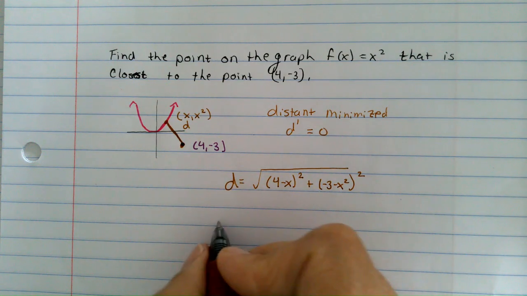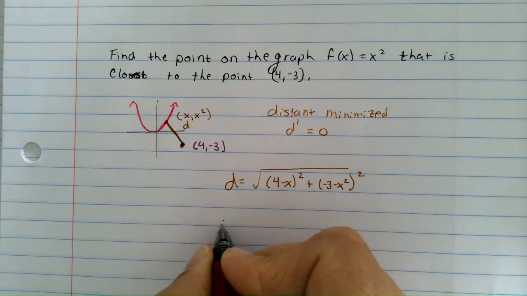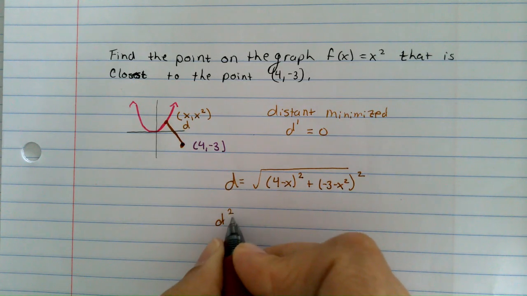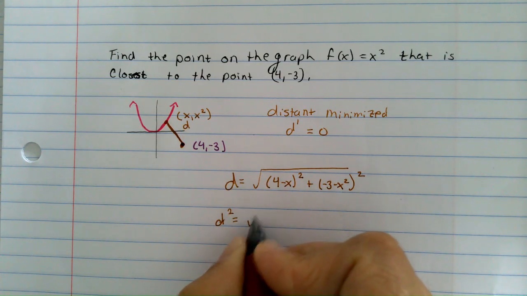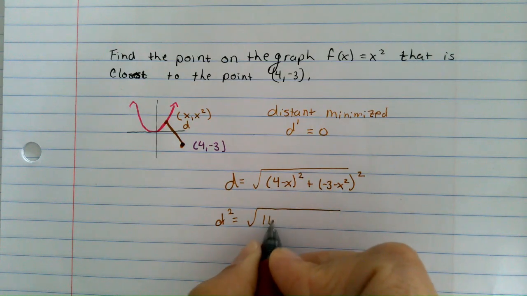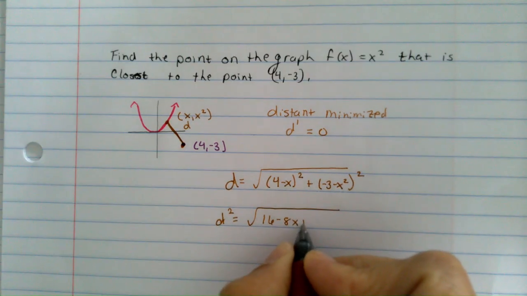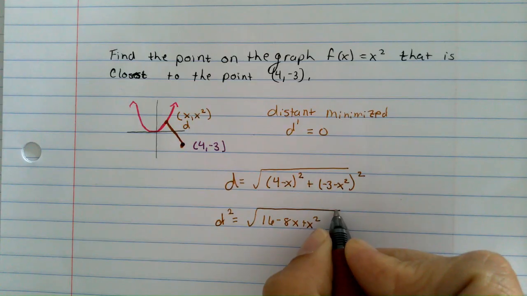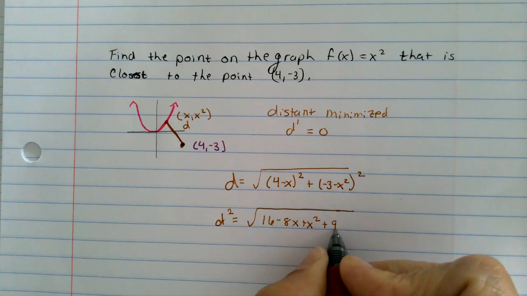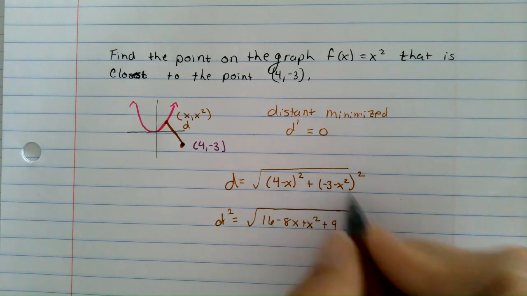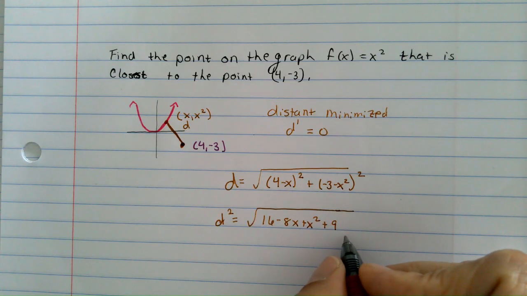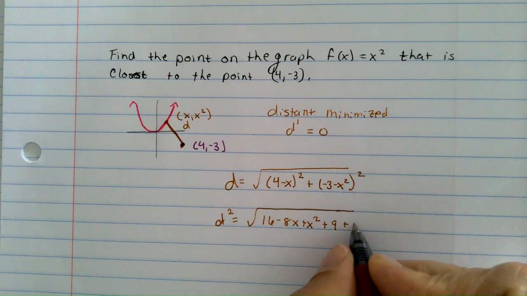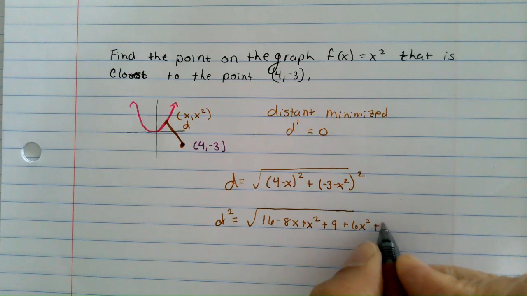Okay. So distance squared equals 16 minus 8x plus x squared plus 9 plus 6x squared plus x to the 4th.